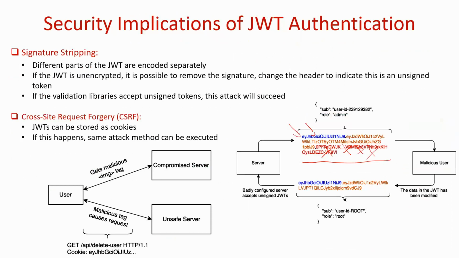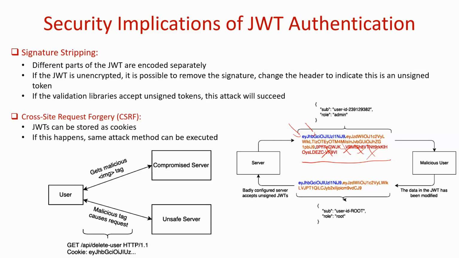Okay. This attack would succeed if the system is configured to accept non-signed tokens. So the cure for that is to enforce the backend to not accept unsigned tokens, to only accept a token that has a signature that can be validated in this case.